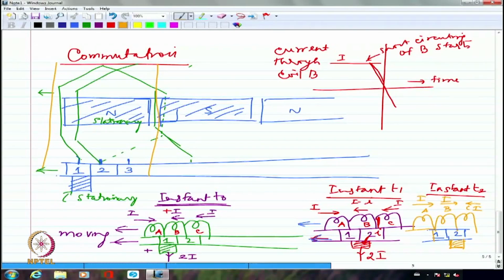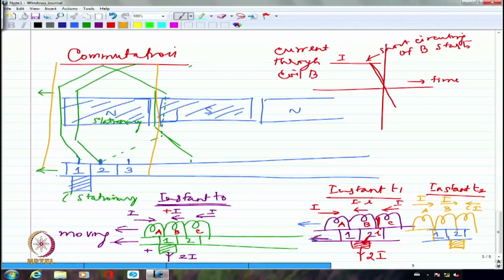Because of that, I am going to have an induced EMF in the coil which is in the cusp, like coil B. So I am going to get an induced EMF in such a way that whatever is the change in the current, it is going to oppose that. Right now the current is trying to go from plus I to minus I. Obviously the induced EMF will oppose that. So it is going to say that I would not allow the current to go down to 0.